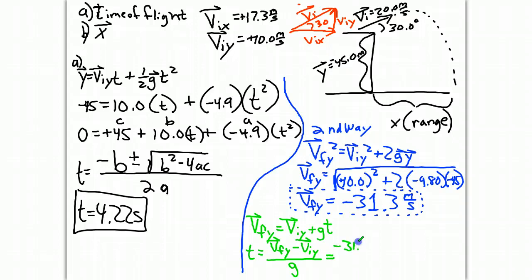VFY, negative 31.3 meters per second, minus VIY, which is 10.0 meters per second, all divided by negative 9.80 meters per second squared. And if we do it that way, believe it or not, we actually come out with the same exact value, 4.22 seconds.